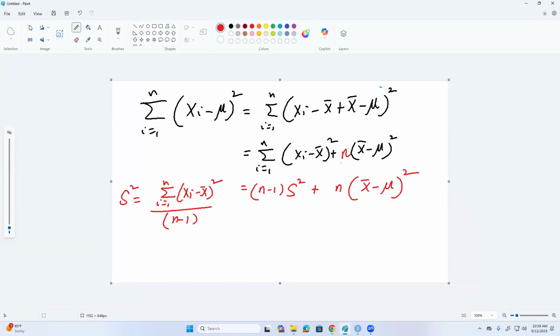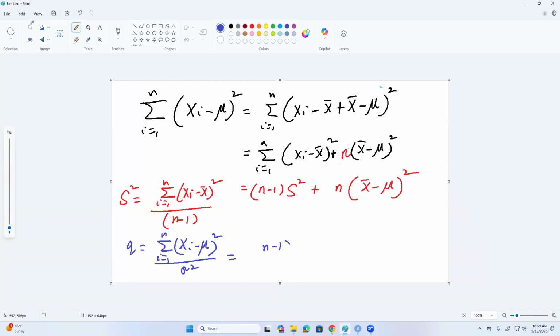And if you look at Q, it was the sum of xi minus mu squared over sigma squared.